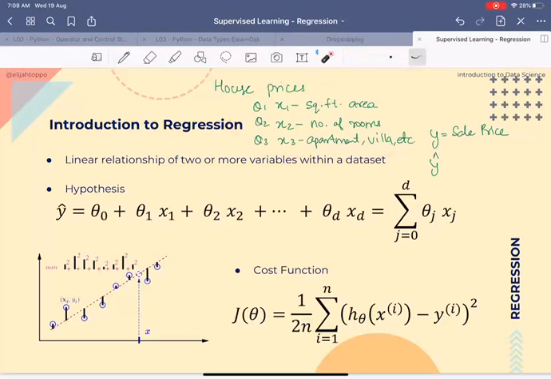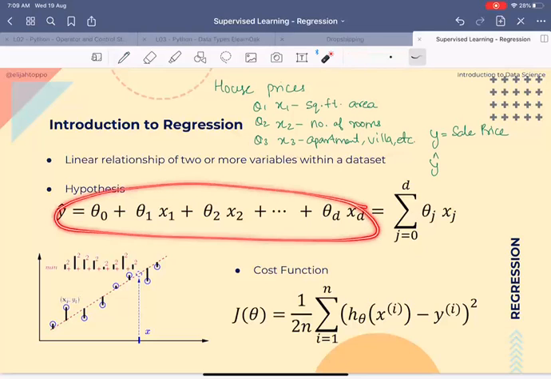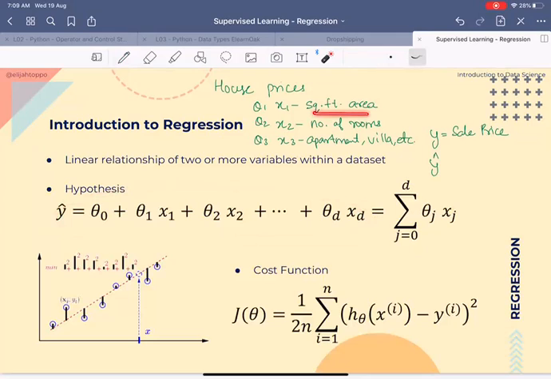And now we are trying to map a certain hypothesis which says that if I have these features, I'm trying to learn these weights that will help me to predict the value y hat, which I want to take as close as possible to the sale price. Does that make sense?